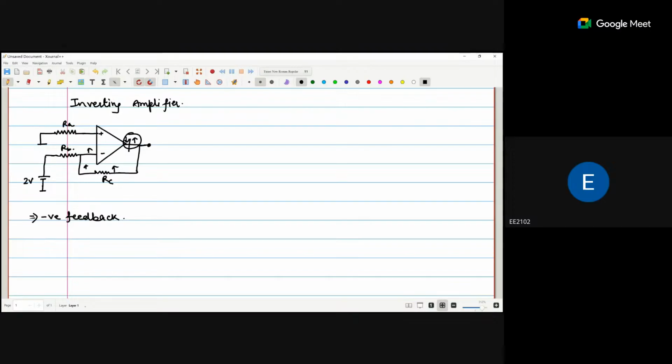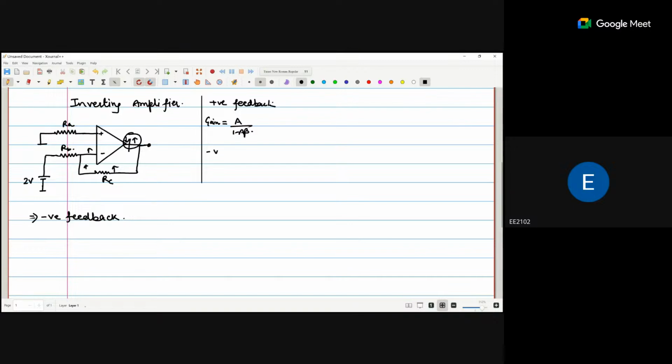If we are using the positive feedback, our loop gain, basically gain, is A upon 1 minus A beta.